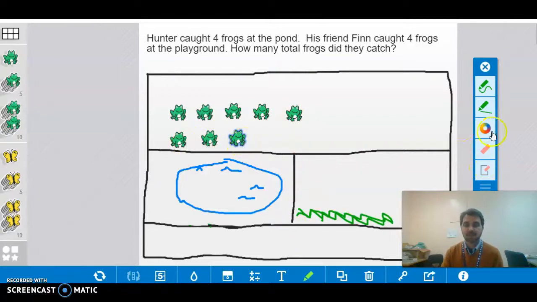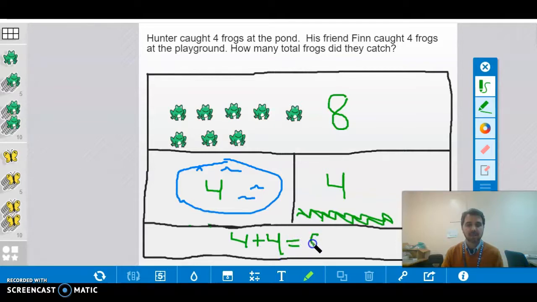Okay, so here we would have put 4 frogs, right? And there were 4 frogs here. And then all together there are 8 frogs. Okay, so our equation would be 4 plus 4 equals 8. Okay.